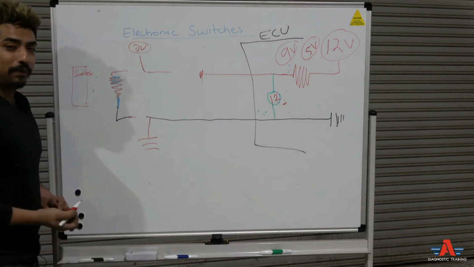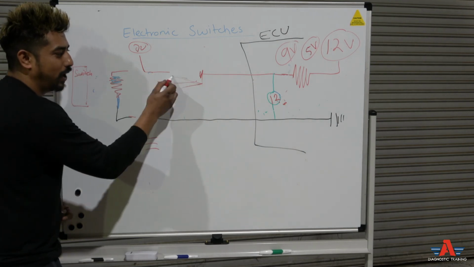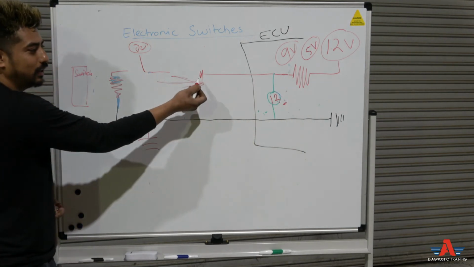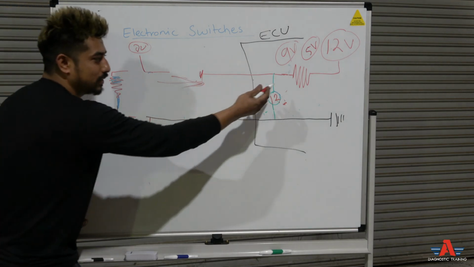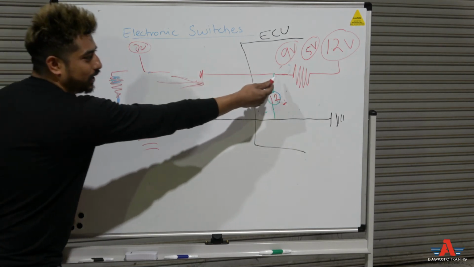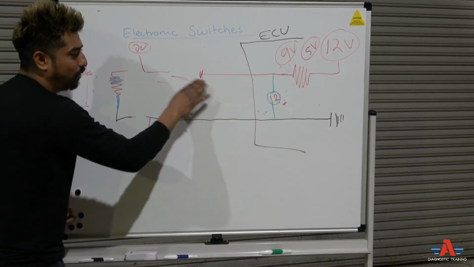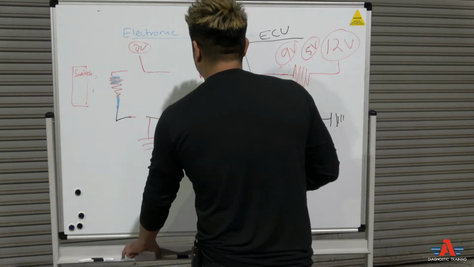If that happens, then you're going to have to chase the problem this way. There's a broken wire, or the computer is not sending that reference voltage out, 12 or 5 volt, whatever the case is. Or the computer could be bad, something wrong in here, so you're not getting that reference voltage out at all.